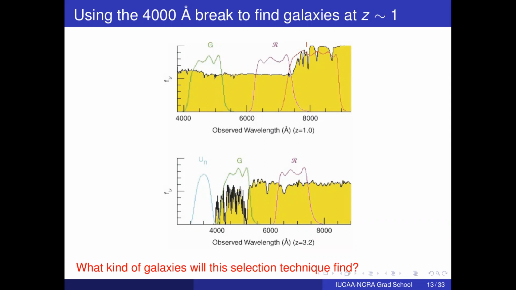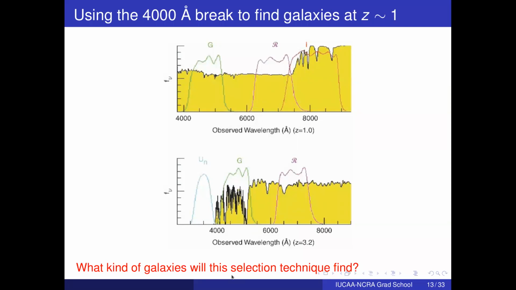But if you take local spirals, then those spirals will not show that 4000 angstrom break. So if you place your g, r, i filter like this, again, you can come up with a color space that will help you detect the 4000 angstrom break.